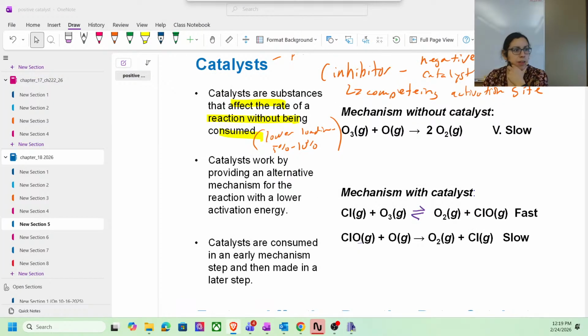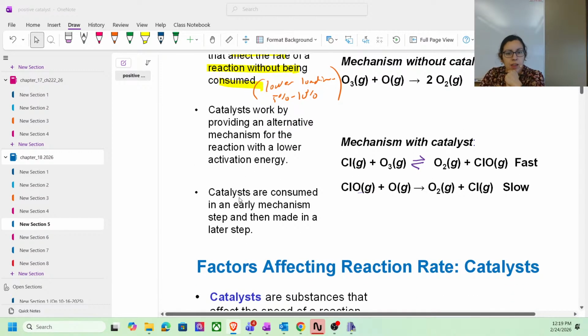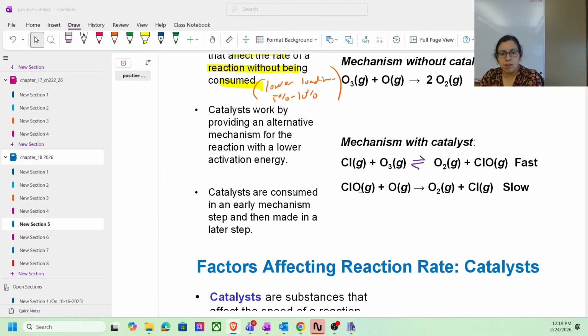I should have gotten up some papers here, but I'll try to pull up some catalysts so we can appreciate the alternate pathway and what that means. And then catalysts could be consumed, but then they are made in a later step.